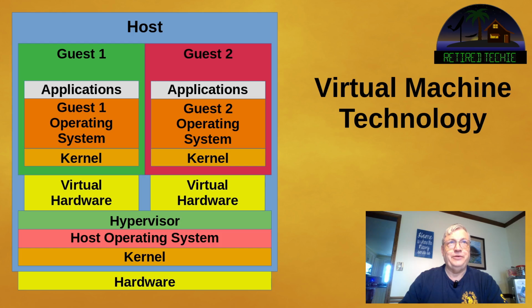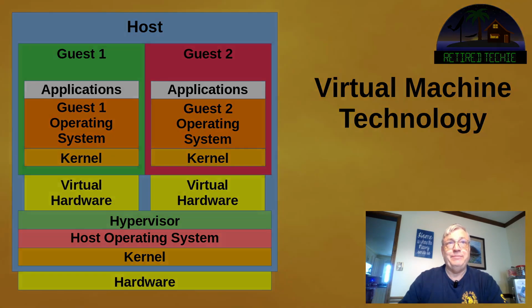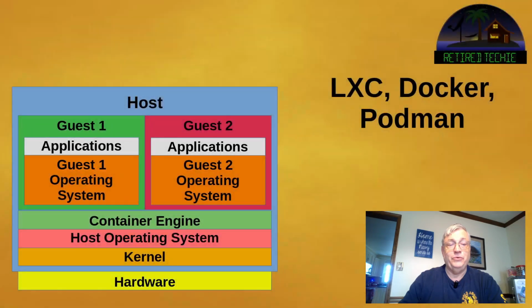Now, as I said, virtual machines require dedicated resources, but what if we could take the kernel from your guest machine? Let's say we're running a Debian 12 host and we're going to run a Debian 12 guest. Well, then technically they're using the same kernel. So guest 1, we could take the kernel and remove it and just run directly from the actual host kernel.